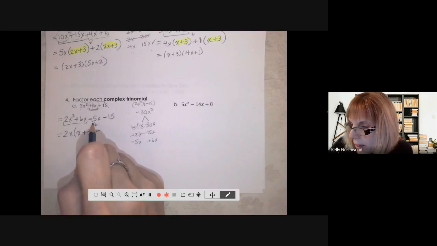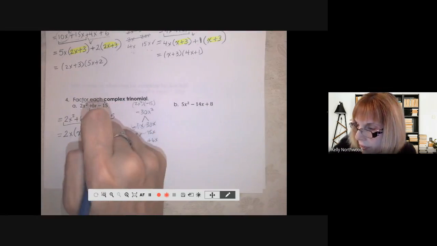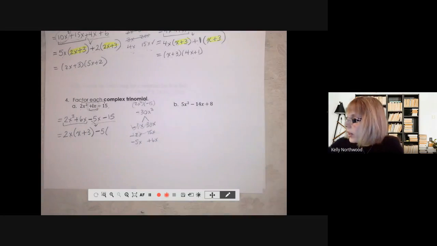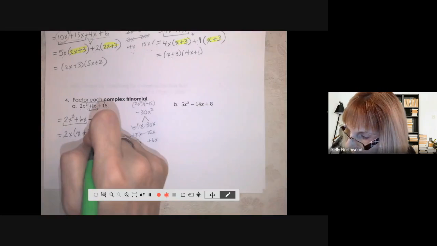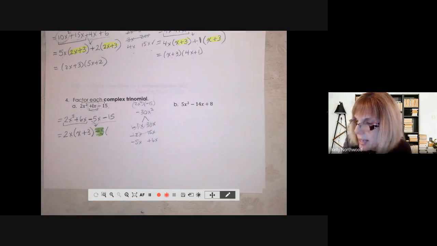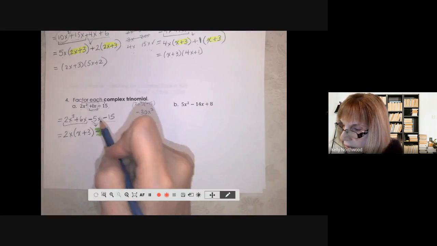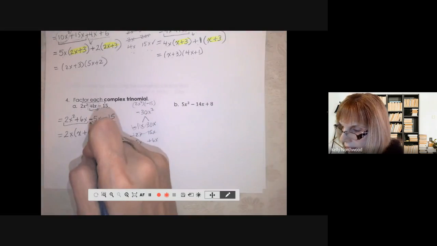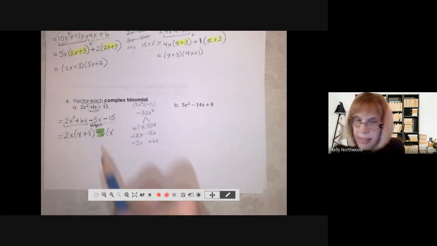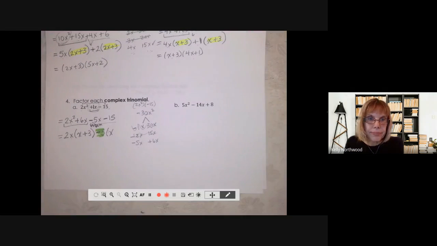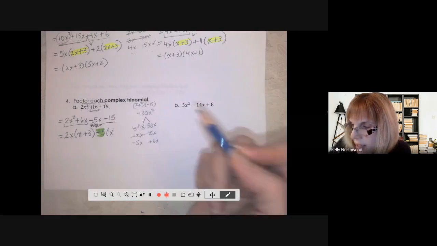And then you're looking at what's in common with 5x and 15? 5. But now your common factor is not 5, it's negative 5. So you're thinking to yourself, what do I multiply negative 5 by to get negative 5x? That's just x, because negative 5 times x is negative 5x. And what do I multiply negative 5 by to get negative 15?